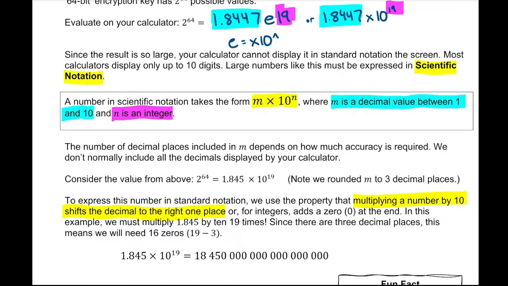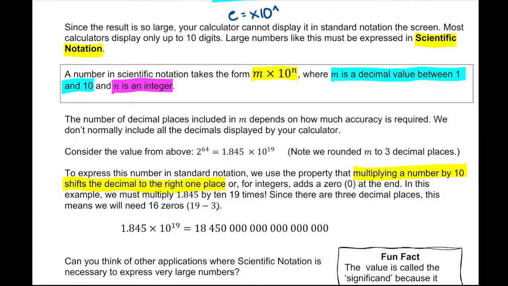Since there are 3 decimal places, that means we will need 16 zeros, or 19 minus 3. The reason is, the 3 decimal places take up a 0. So 1, 2, 3. Now we're at a whole integer, which basically then means we have 16 zeros after it, which is the number we get here.